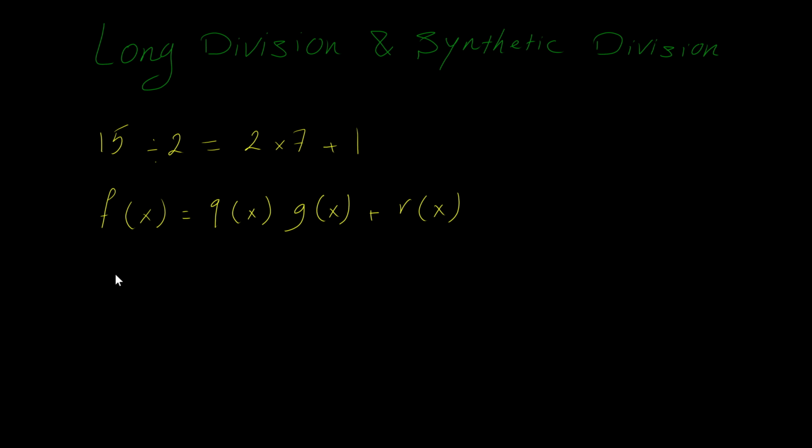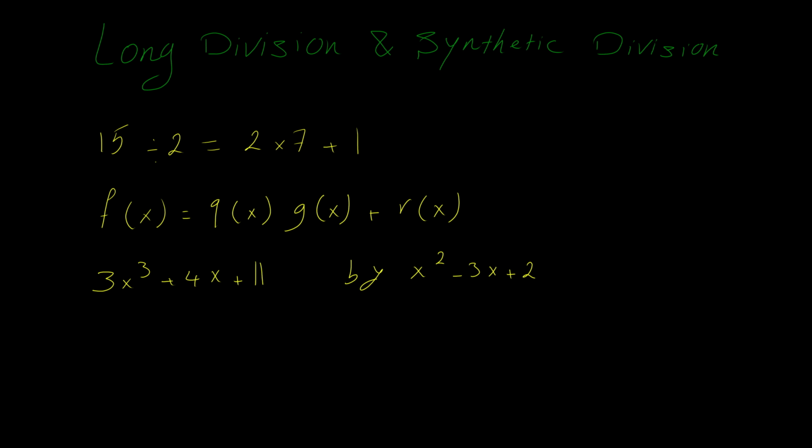Now let's go over and do one example. Let's say that we have the function 3x cubed plus 4x plus 11, and we want to divide this by x squared minus 3x plus 2.